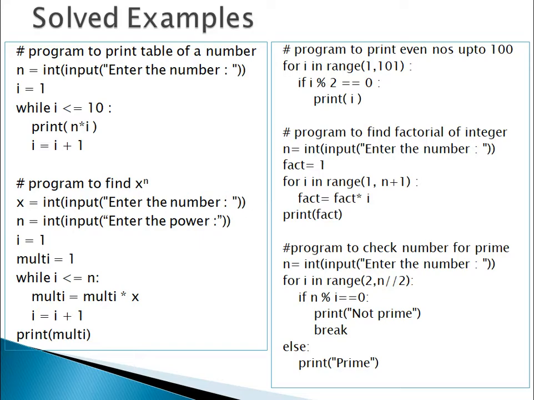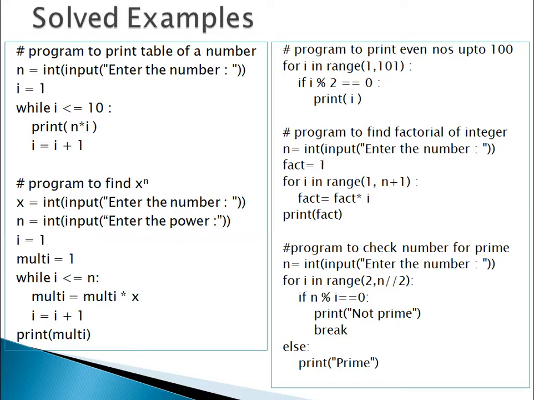Please note. Okay, if you find some alphabets in your program, like write a program to find x to the power n, that means the values of x and n will be taken from the user. It will not be provided by you. If the program is like write a program to find 2 to the power 3, then you should not ask the user.